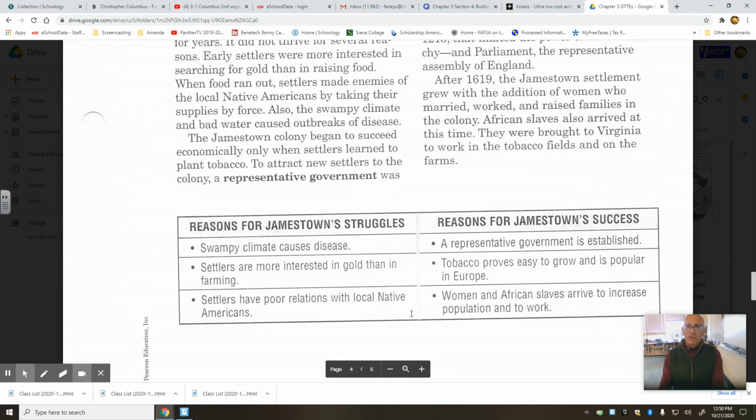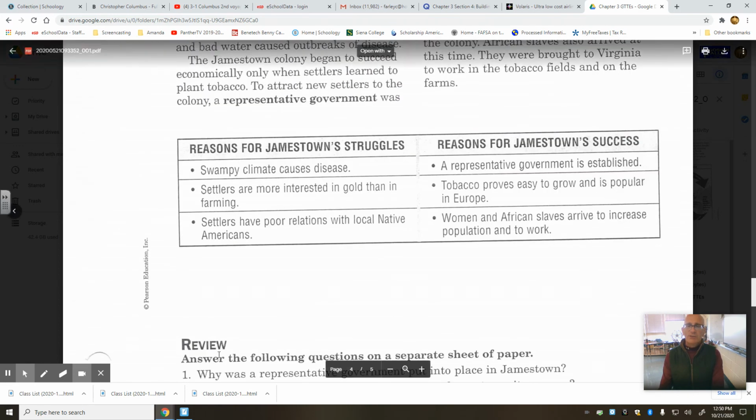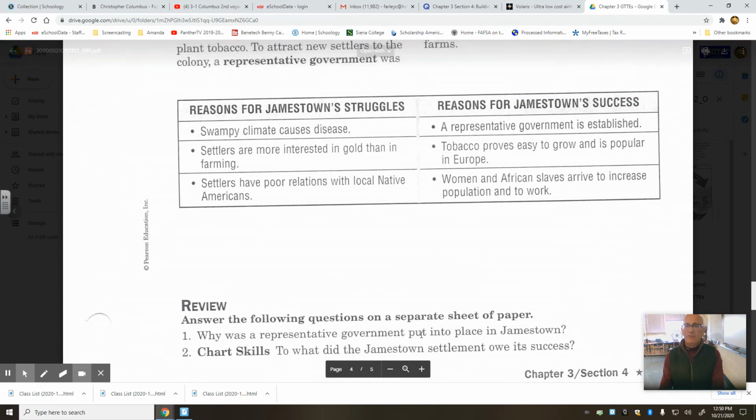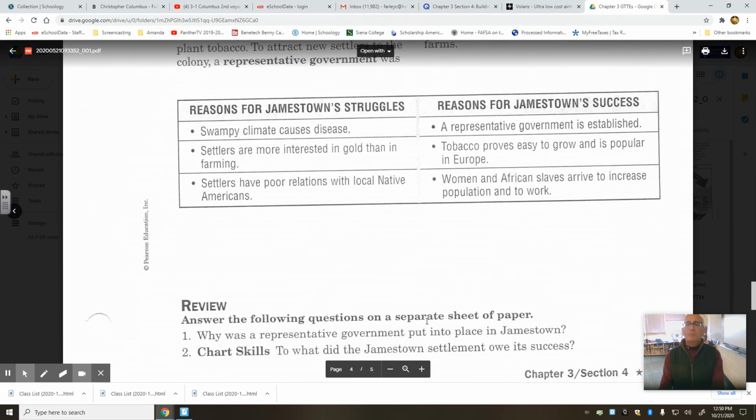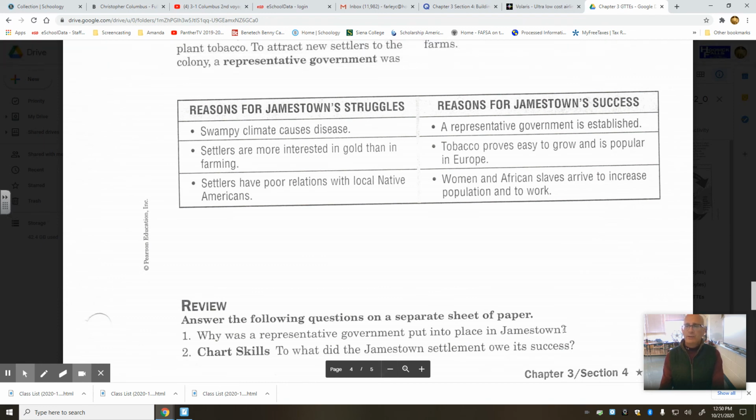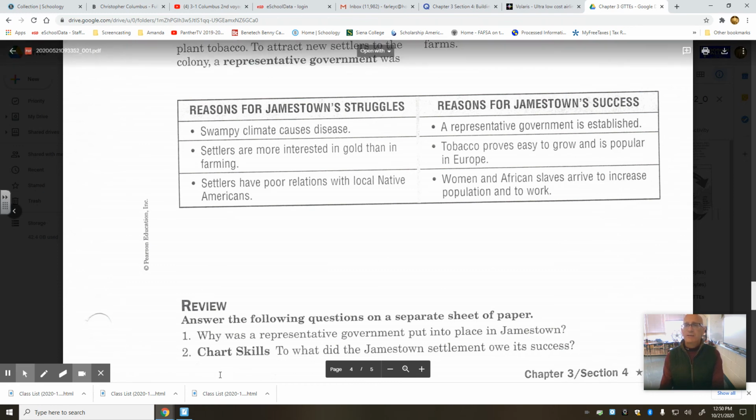I will give you, ladies and gentlemen, a moment to answer that question. Again, why was a representative government put into place in Jamestown? Take a moment now to answer that question. You can jot your answers down on your notes if you're learning remotely, or on your worksheet if you have a copy of the worksheet here in class today.